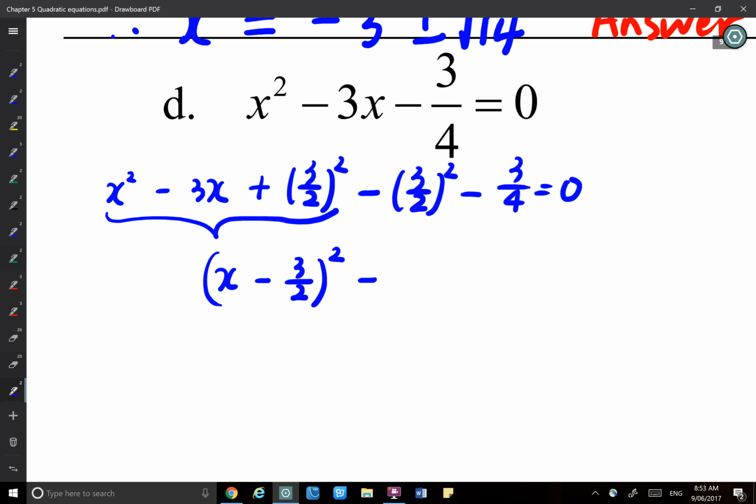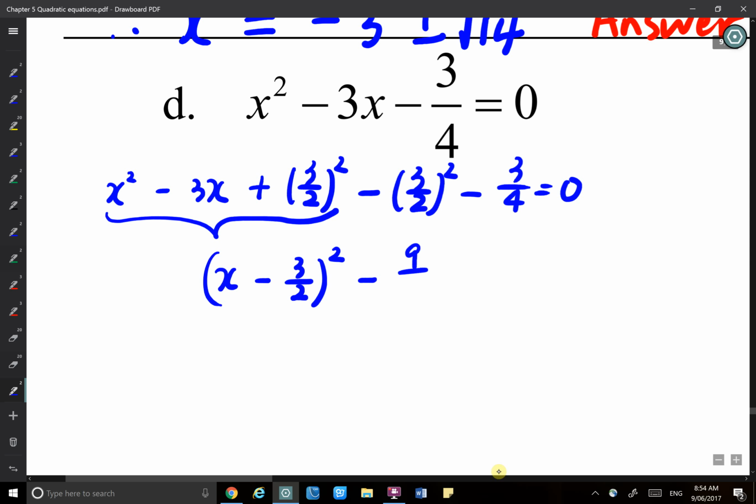It's not the 3 over 4 divided by 2, it's the middle number divided by 2, the coefficient of x. And this will give you 9 over 4 minus 3 over 4 equals 0. Well, we have x minus 3 over 2 squared. That's 12 over 4, so that's a minus 3.